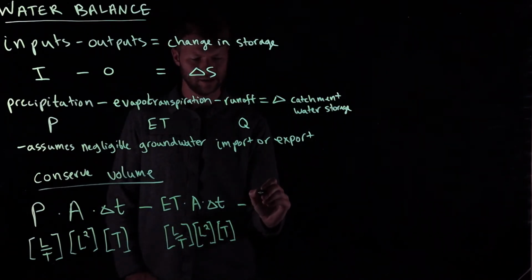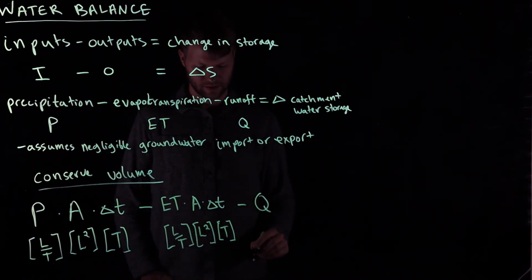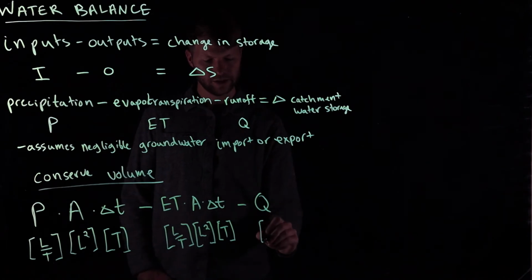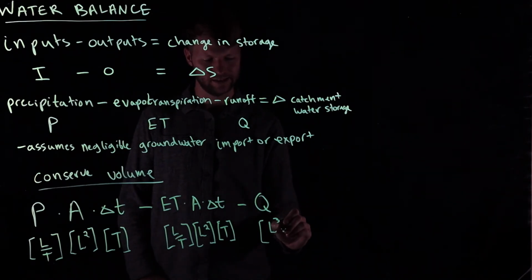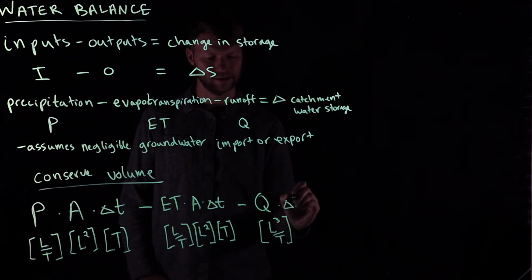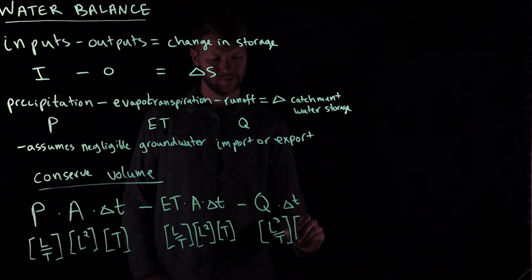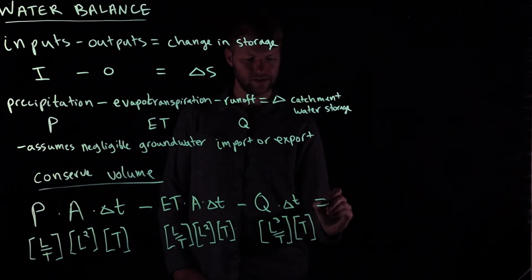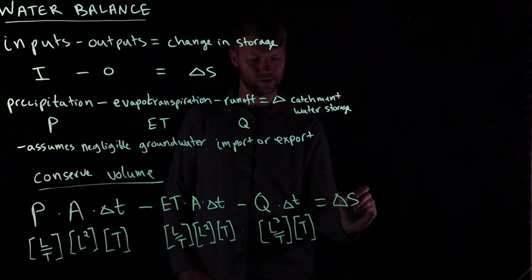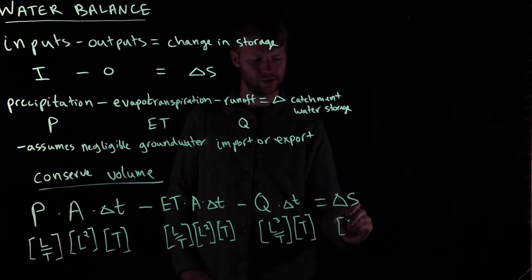And then finally, Q. Q is often measured in terms of volume per time, the amount of volume flowing in a stream per time. And so it's already got these dimensions of volume in here. And so we're just going to multiply it by delta t. And together, these will equal the change in storage S, which again, because it is a volume, just has units of length cubed.